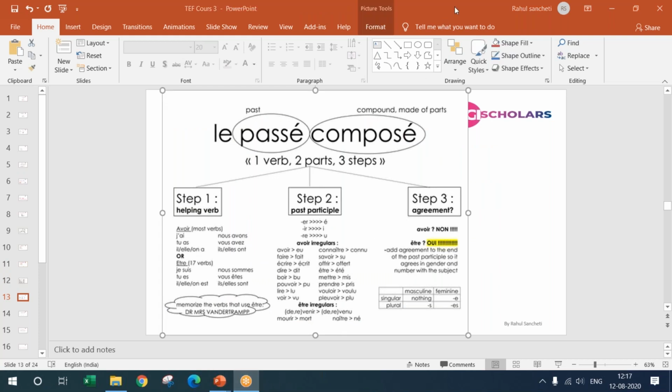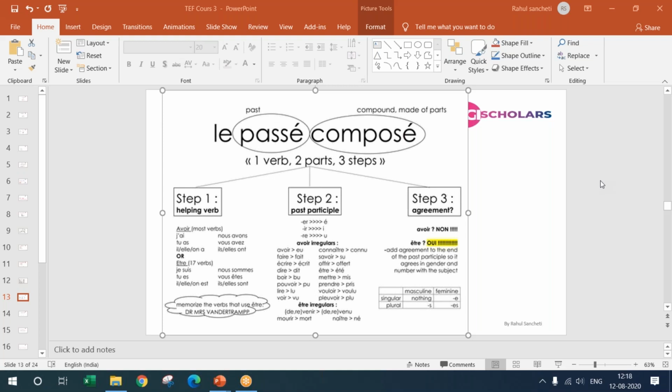So if you closely look at this picture, it says the step one is the helping verb. As I told you, the step one is a helping verb. There are two verbs in that: être or avoir.